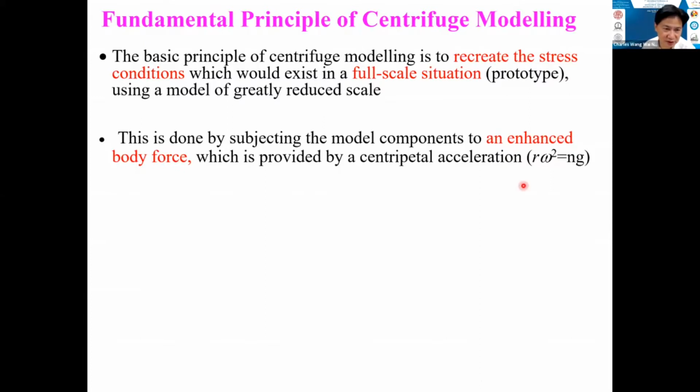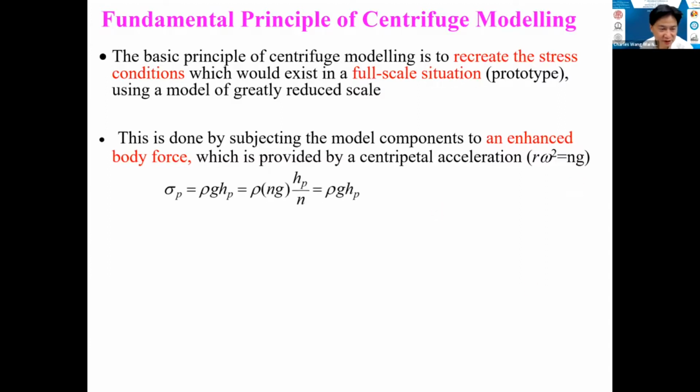So you can see here r omega squared, the centripetal acceleration, conventionally equated to a number of times of the Earth's gravity. So Ng. So Ng is my surname. Now you understand why I do centrifuge, because my surname is Ng.